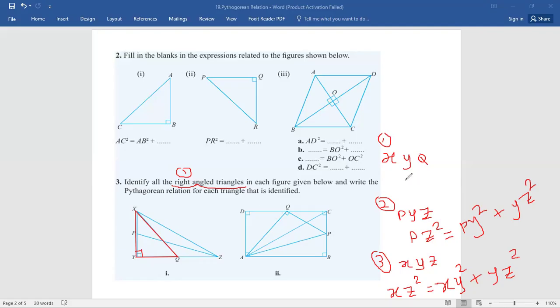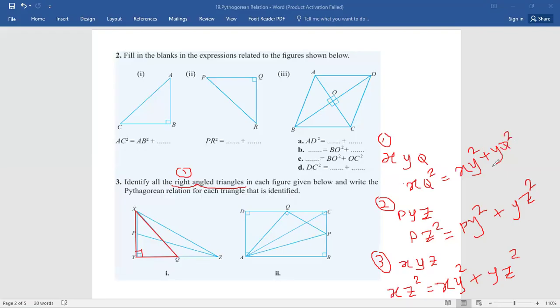XQ. XQ to the power 2 equals the other two sides, XY squared plus YQ squared, right?